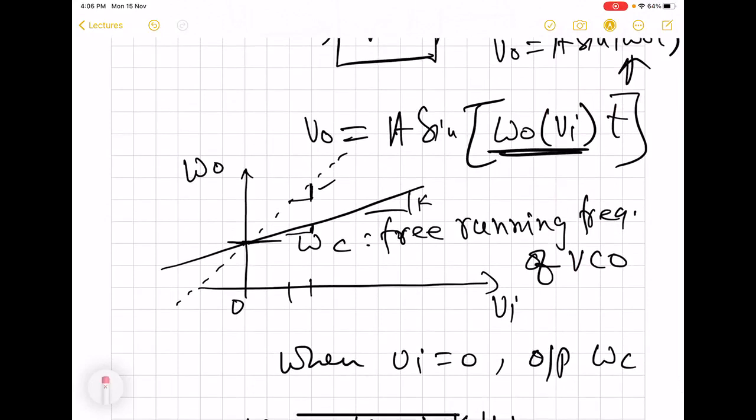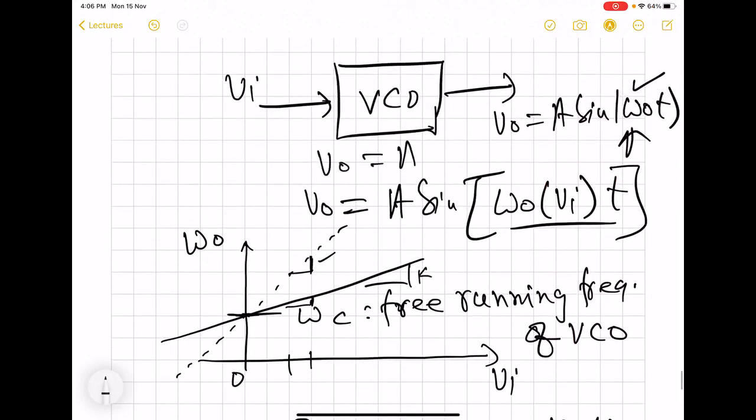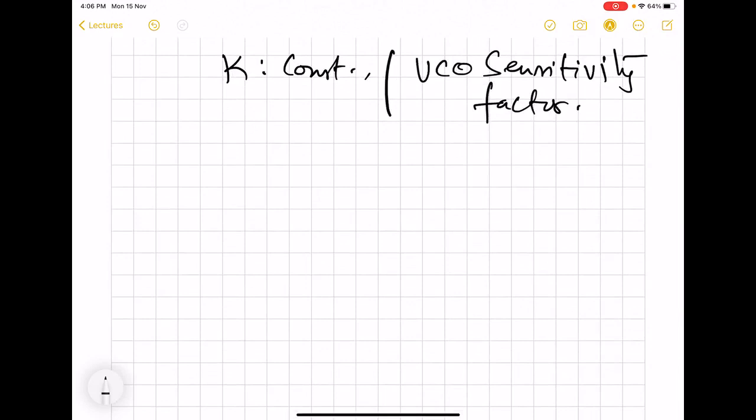So here I have written that omega naught is a function of Vi, but strictly speaking, this output is a sine theta. That means the phase, and the sine of that phase, is going to be the voltage that we will see.